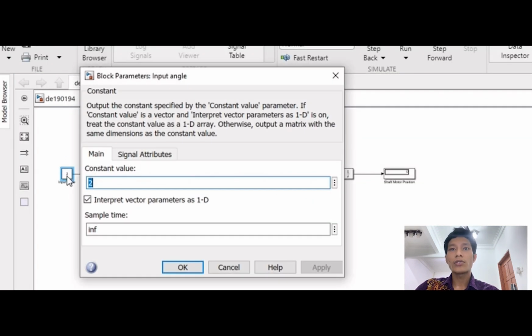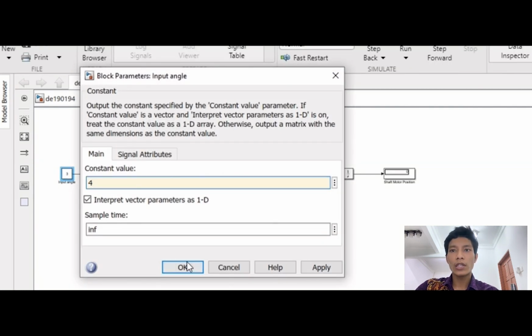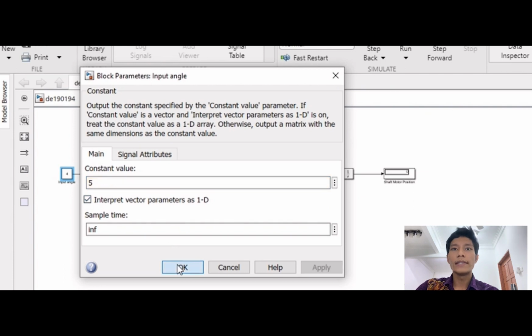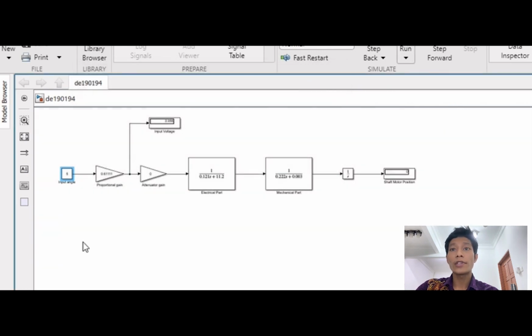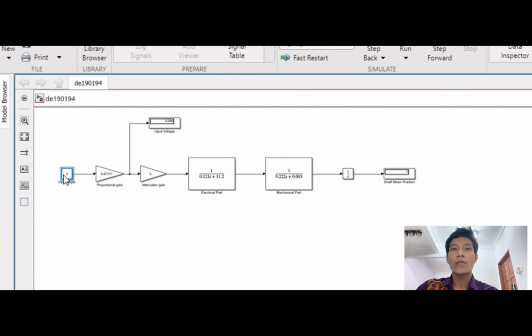For input angle 3, the input voltage is 1.833 and shaft motor position is 0. For input angle 4, the input voltage is 2.444 and shaft motor position is 0. For input angle 5, the input voltage is 3.056 and the shaft motor position is 0.